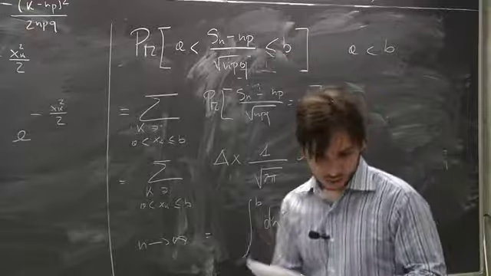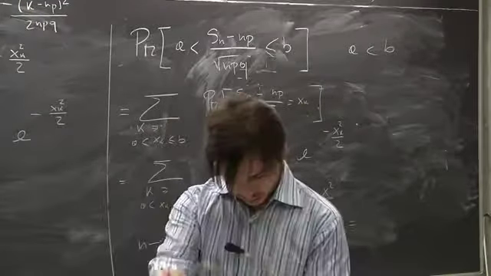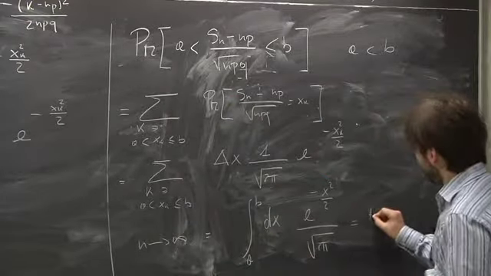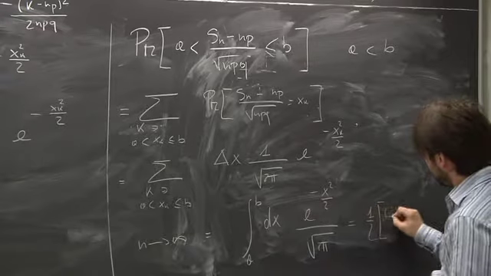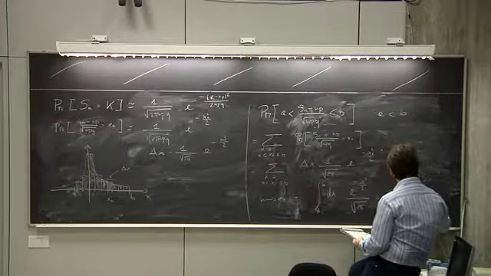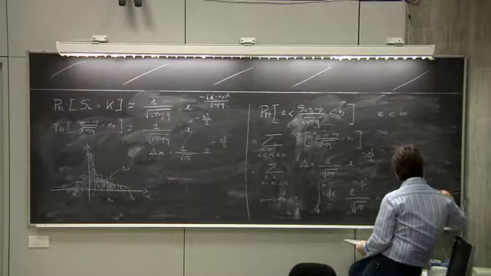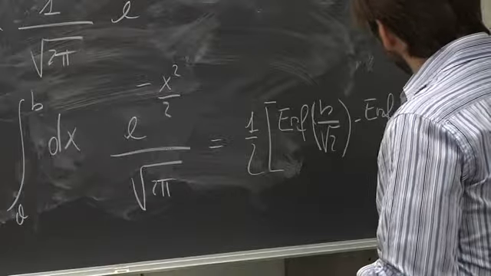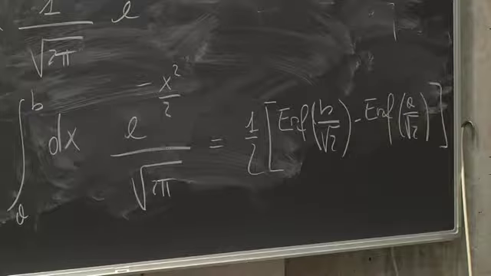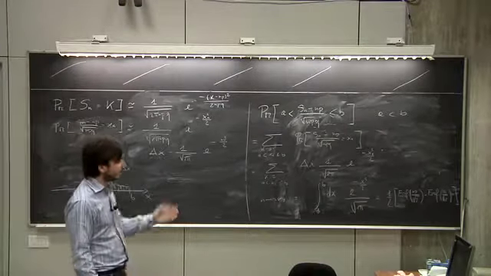Okay. It depends on how you define it, but I think the best way of saying it is that this is one half of the error function in B divided by square root of 2, minus the error function in A divided by square root of 2. It's very easy to calculate because you go on a computer and you just evaluate the error function in B, the error function in A, and then you get the result.